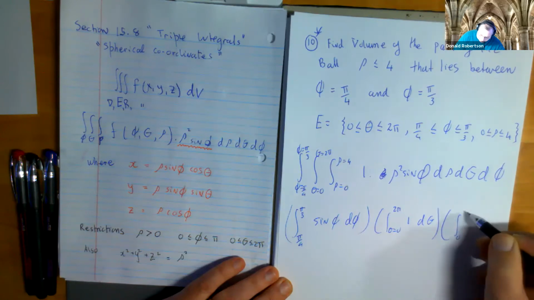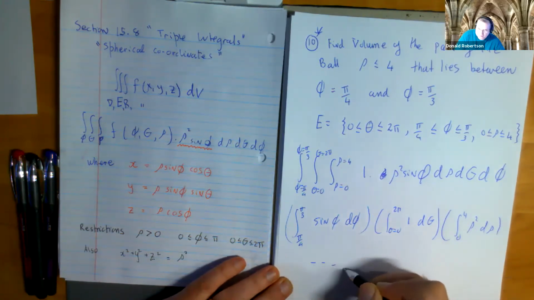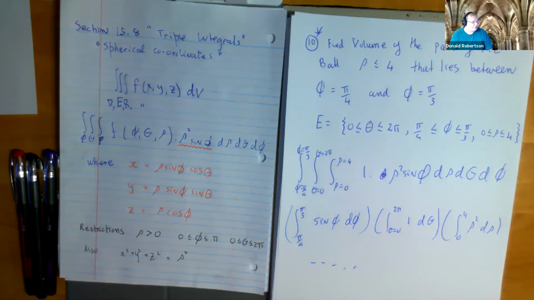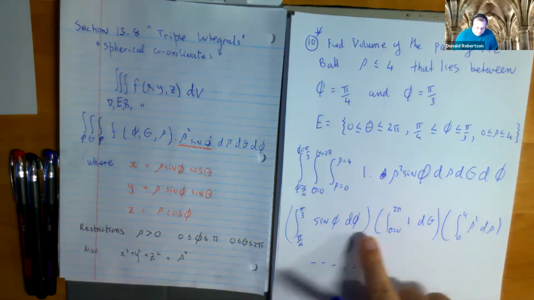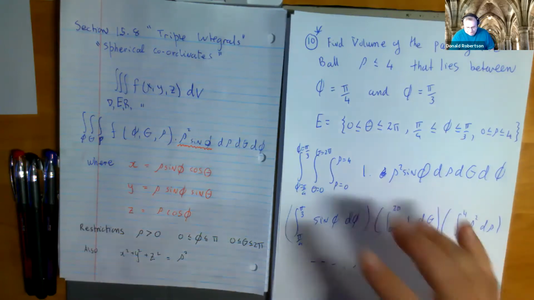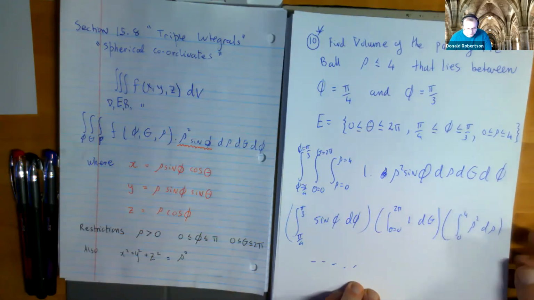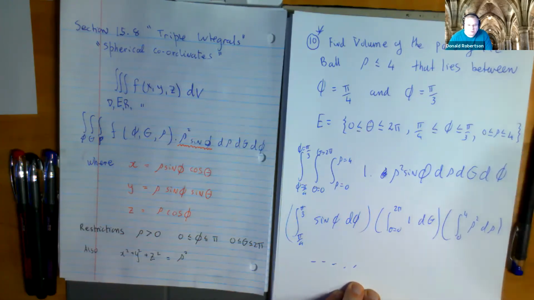And we'll do 0 to 4 of rho squared. And I think I'll just dot that. Would you agree? It's pretty much three separate Calc 2 integrals. Nothing actually even to deal with. They're really all straightforward. Are we okay with that as our warm-up guy?